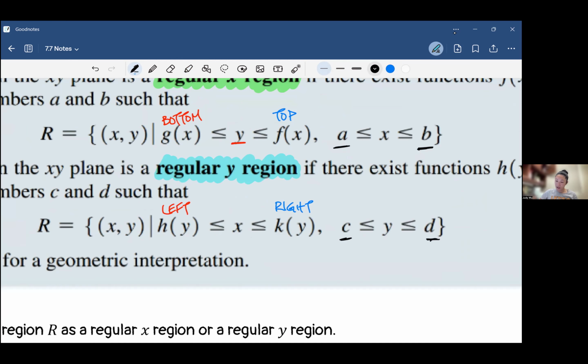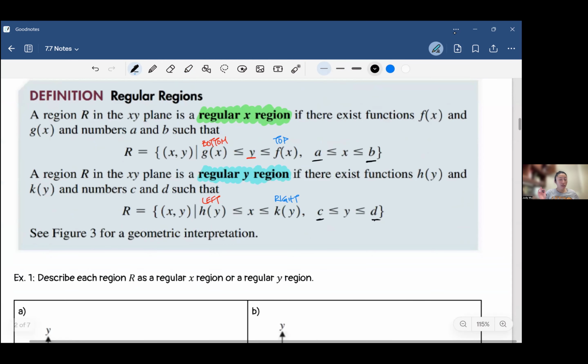So we're going to look at a lot of pictures and see if we can use those to help us figure out what we mean by top and bottom and what we mean by left and right. Honestly, this section is a lot about the algebra setup, because in the next video, we're going to need that algebra to set up the actual iterated integral.